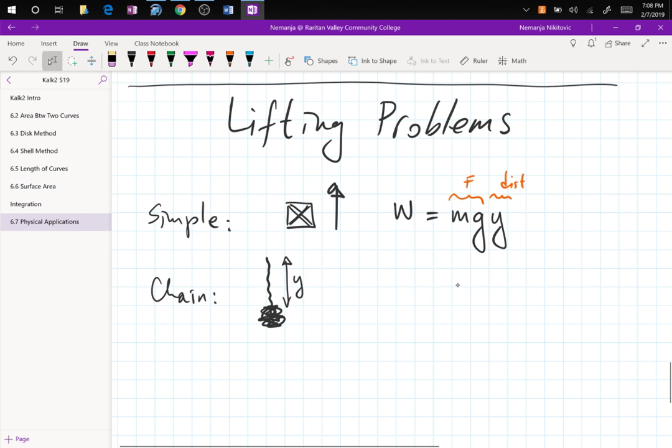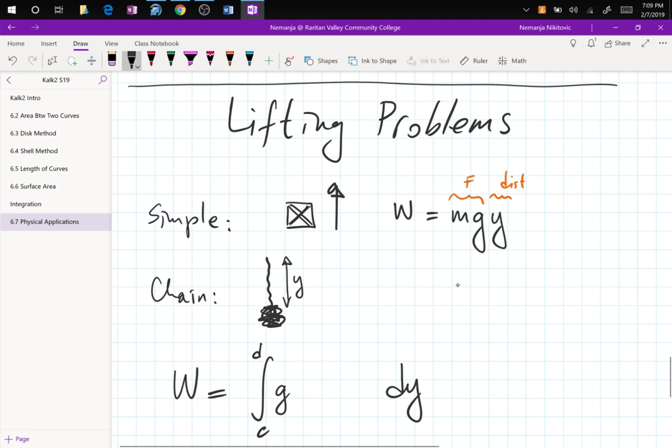So work is going to be an integral. We can use c and d for dy. And we know it's going to be dy. We also know that we are going to have gravity in this mix, because gravity is a constant.